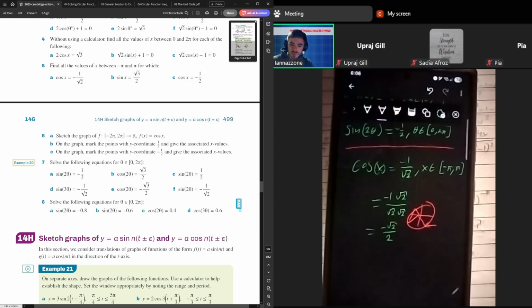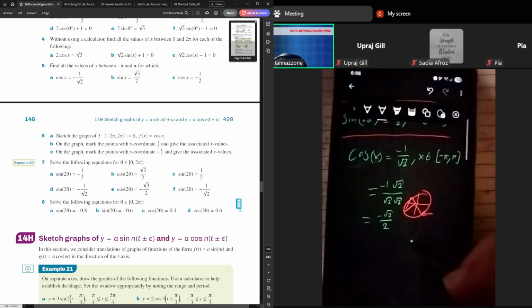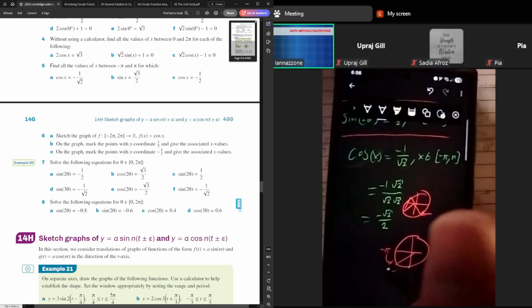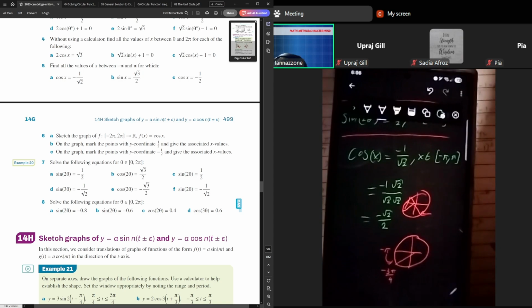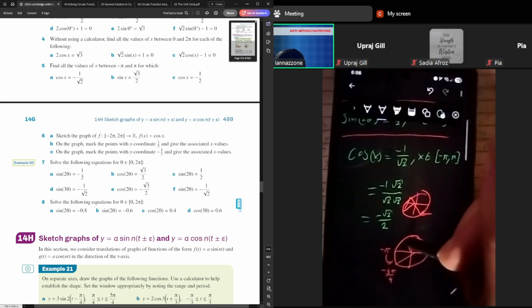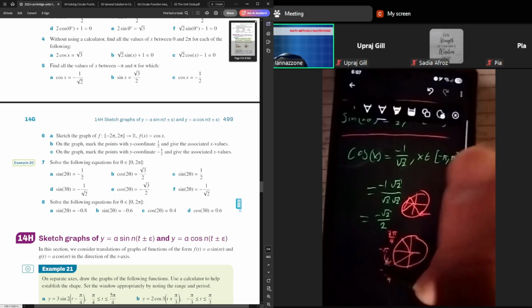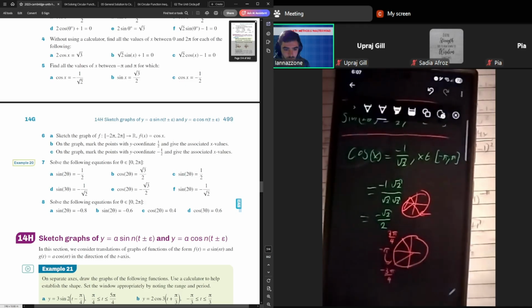Yeah, that works. Negative pi plus pi over 4. Because you're starting at negative pi and then plus pi over 4 goes in that direction. So there's your negative 3 pi over 4. So effectively the two solutions you want there are 3 pi over 4 and negative 3 pi over 4, or you could just say plus minus 3 pi over 4 there.